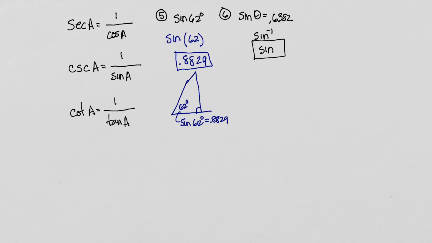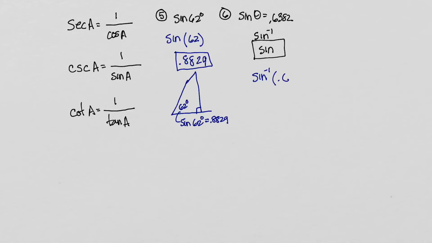And the way to read this is the inverse sine, or you can read it as the angle whose sine is. So what we're going to do is just press that key. You have to press second first, right? So you press the second key, and then the inverse sine, and you get a set of parentheses.